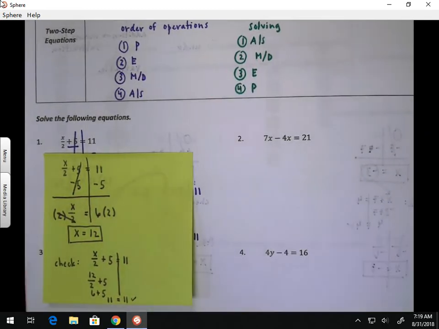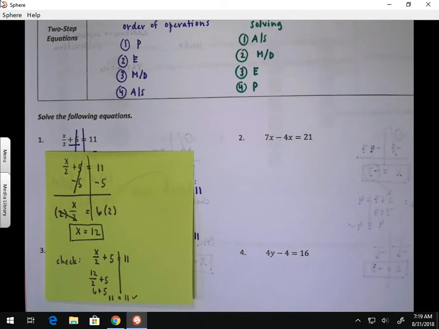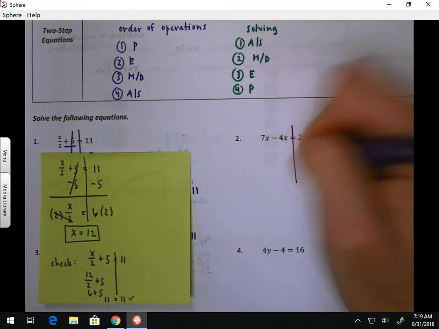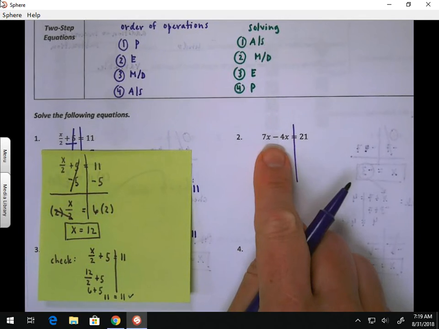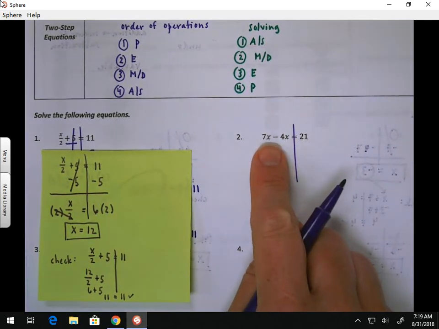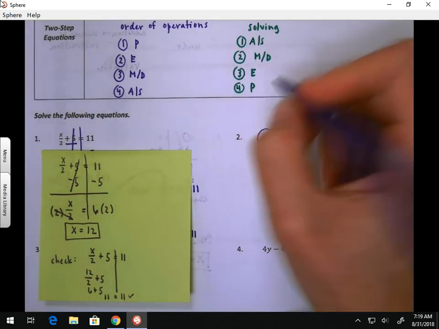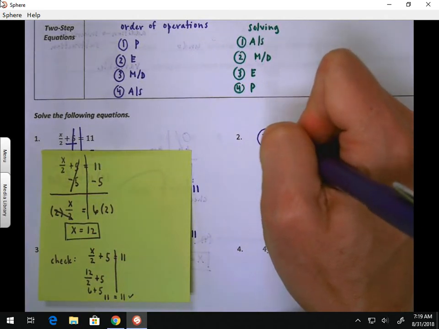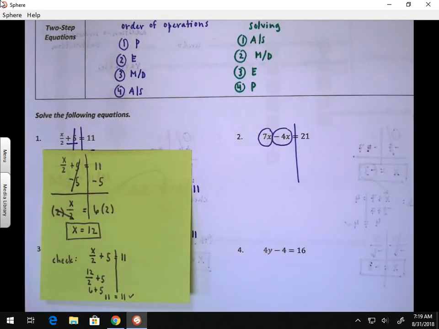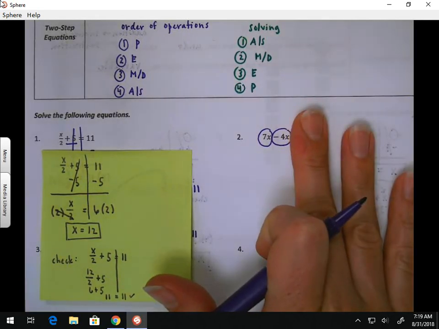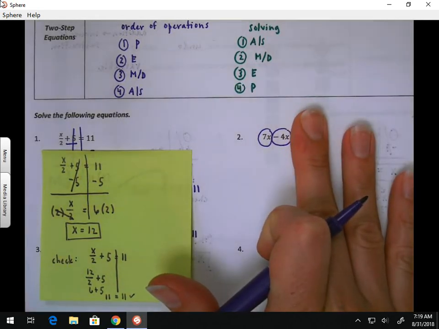All right, let's go ahead and do one more because this actually is an interesting example here. I noticed that my x's are on the left-hand side, but what I notice is I actually have like terms on this side. I have 7x, and then I have minus 4x. So before I do anything, I want to simplify the expression on the left-hand side by combining those like terms.